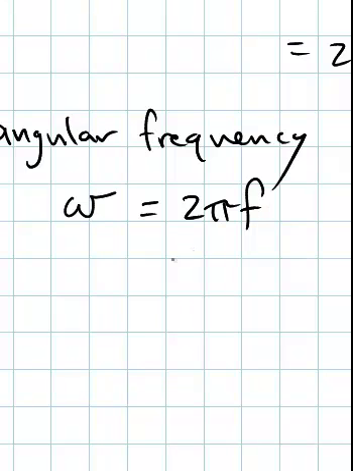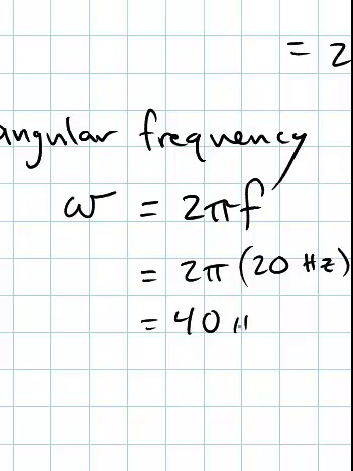So 2 pi f, and the frequency is 20 hertz. So we get 40 pi inverse seconds. And I like to write it as radians per second for the angular frequency. 40 pi radians per second.